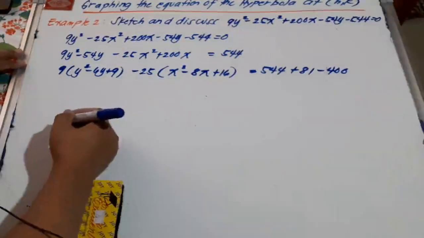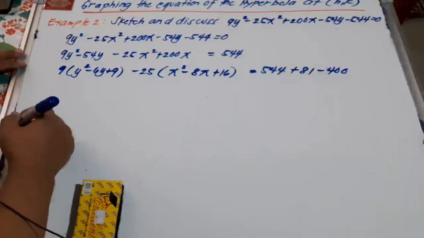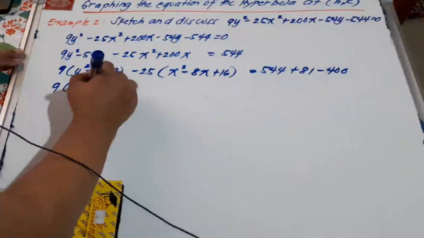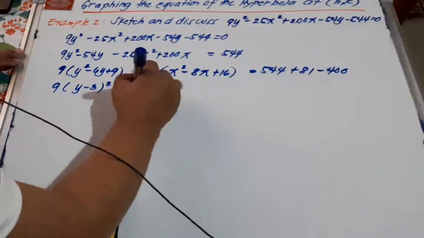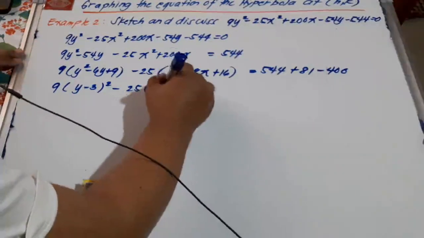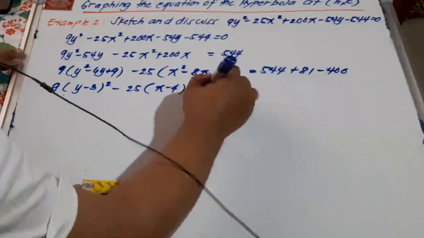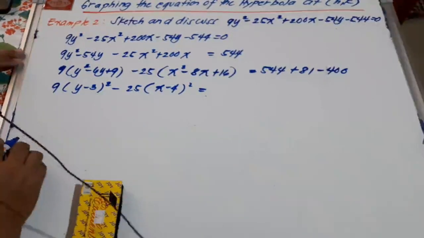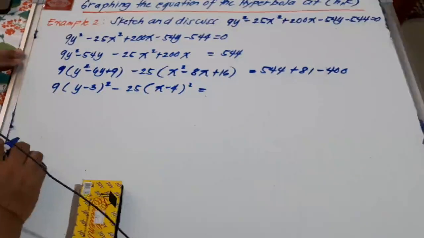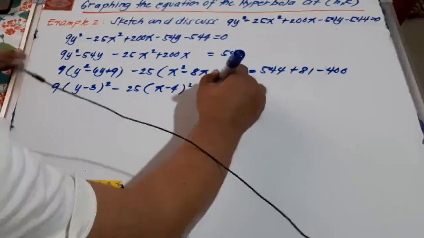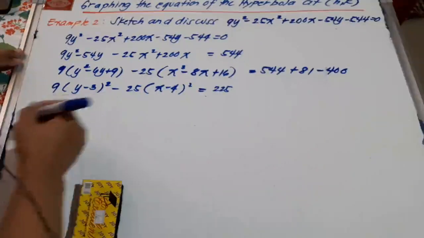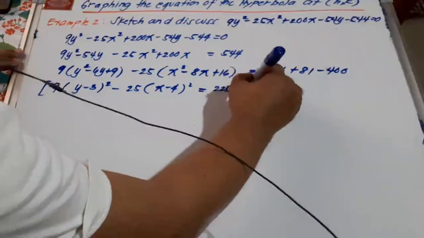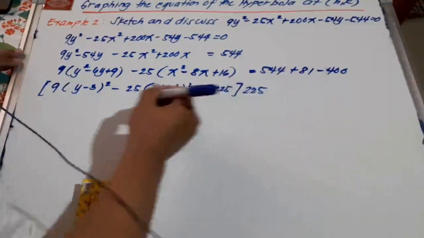Okay. So we have this now a perfect square. So y minus 3 squared minus 25 times x minus 4 squared equals 544 plus 81 minus 400, that will be 225. Then I'm going to divide all of the terms by 225, para mapapunta na siya sa standard form.